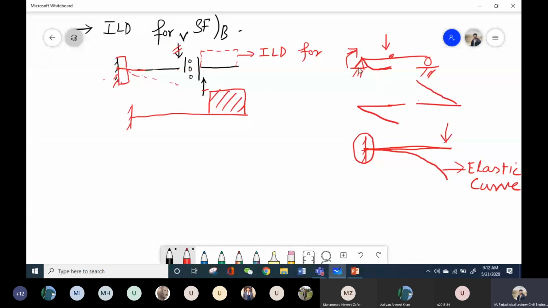In this case, this support does not allow anything, no displacement, no rotation. So when you apply the downward load, there won't be any sort of displacement. And this is what we get for the ILD of shear force at point B in the case of a cantilever beam. Now, if there is any question about this one, you can ask me.